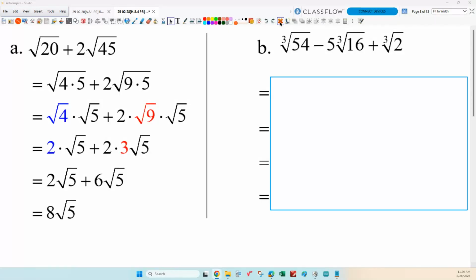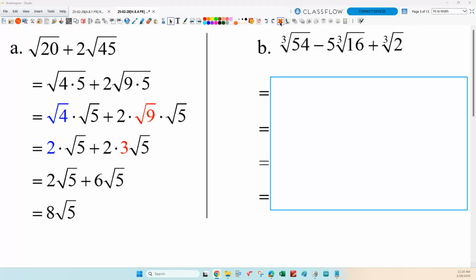How about this guy? Now I've got cubes. So I'm shifting my thinking a little bit. Instead of trying to find the biggest perfect square factor of 54, what am I trying to find here? Perfect cube factor, right? So what is the biggest perfect cube factor of 54?